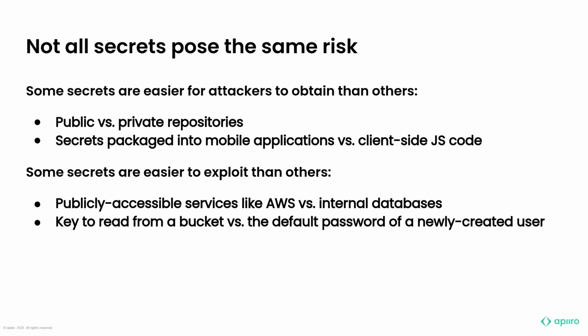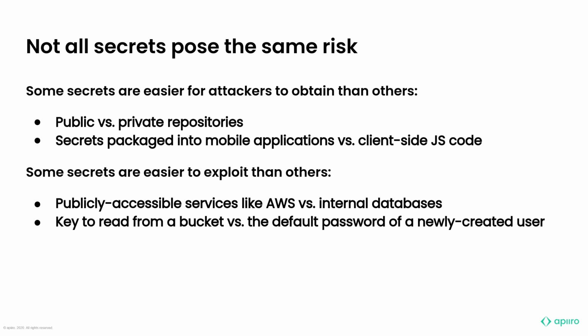So those are just a few examples of things that we look at to prioritize and point out the secrets that need to be addressed earlier than others, those that are urgent and those that are less urgent.